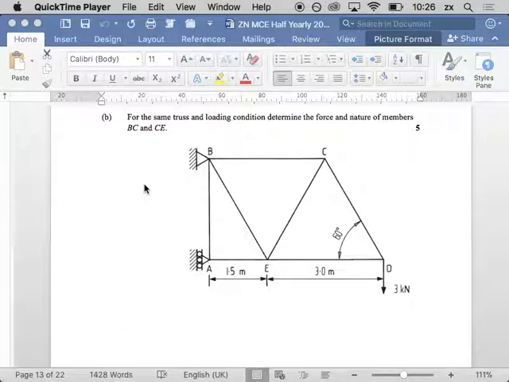If I want to find CE, I want to take the sum of the moments about a point where I can eliminate two things. If I look at CE, where does CE and DE meet? They don't. So I have to use the sum of the forces vertically instead. I need the lone wolf method. Only one man is man enough to do it, and it's CE. I've got 3 going down, and then up it's going to have to be the CE vertical component, which means that CE is going to be going that way at 30 degrees or 60 degrees.